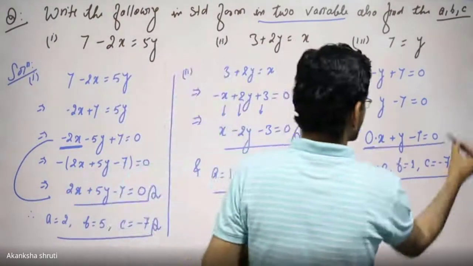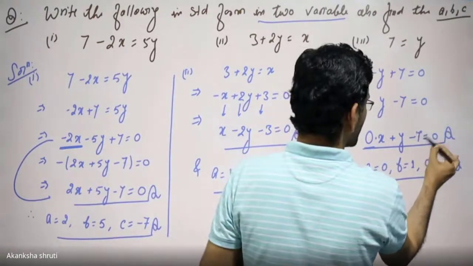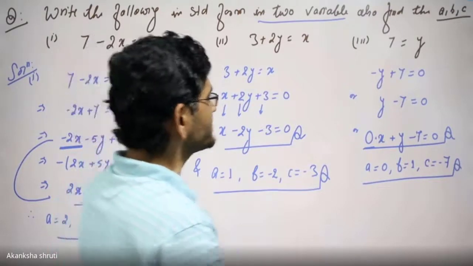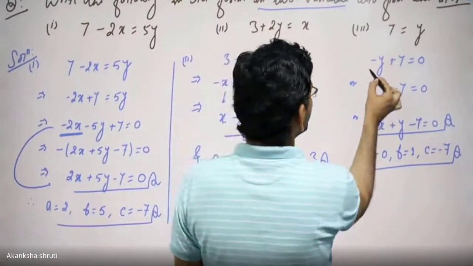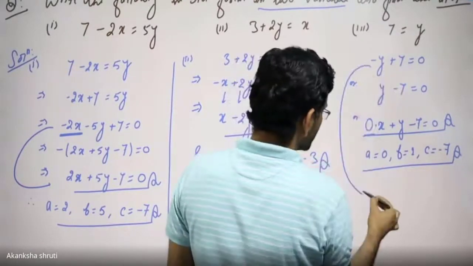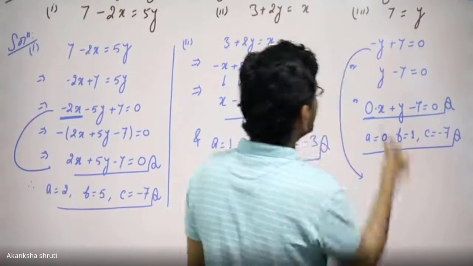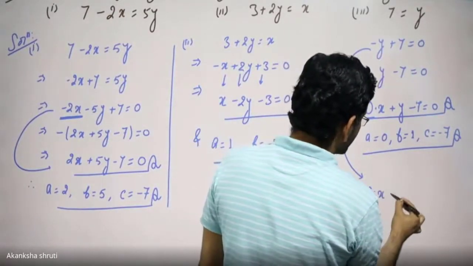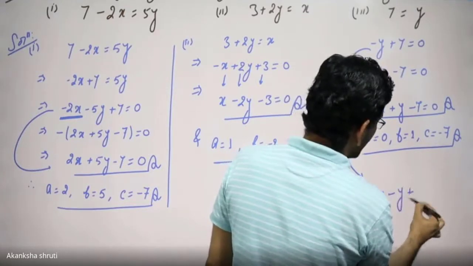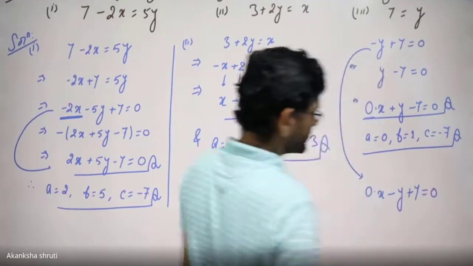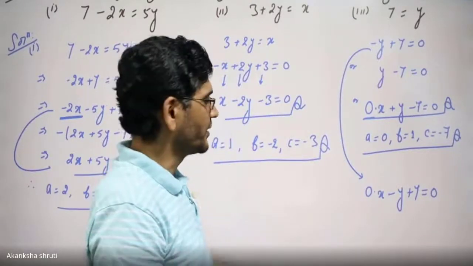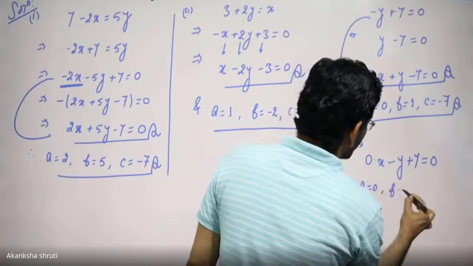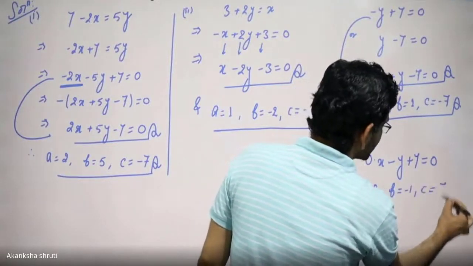So here this is in the two variable form, and this is the constant and coefficient. Students, many a time, or in some books, this may be expressed from here also directly. It's also okay. One may just consider 0x minus y plus 7 is equal to 0. This is also possible. But what is the difference? The difference is that here a is 0, b is minus 1, c is 7.